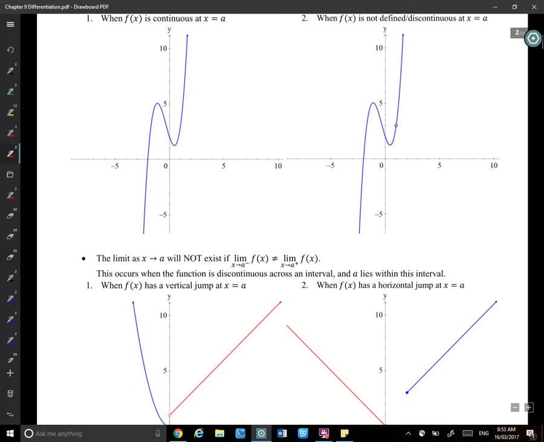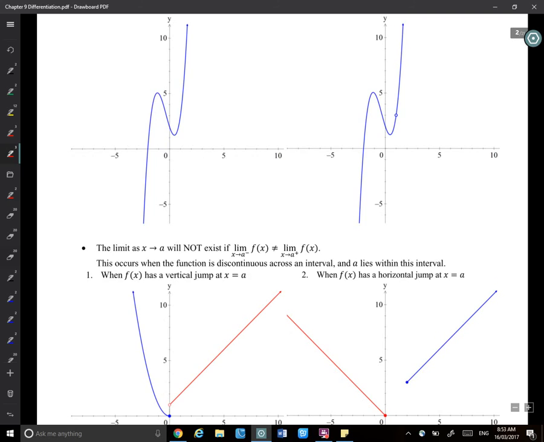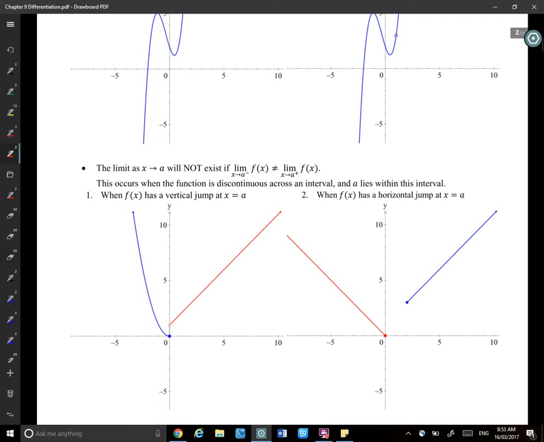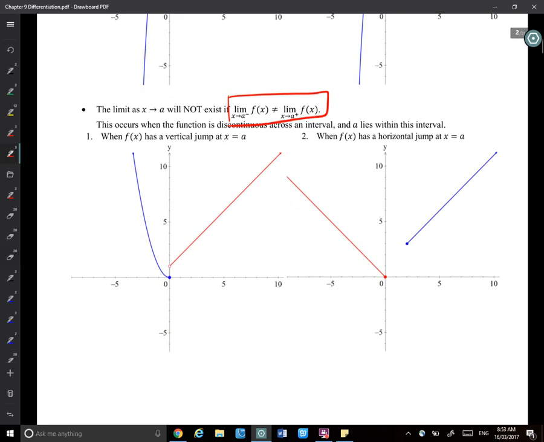Okay, for the limit as x approaches a not existing, it means the left and right limits are not the same, not equal to each other. There are 2 cases. The first case is a vertical jump, where I don't have those values.